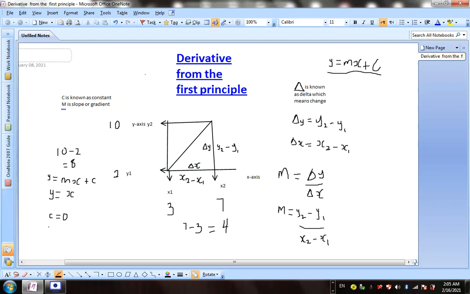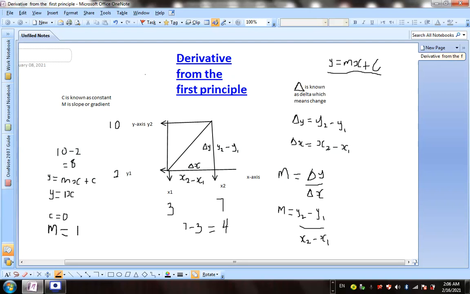So in this case, our m is equal to 1. We merely look at it, the coefficient of x is 1 and c is equal to 0. So our m is equal to 1.